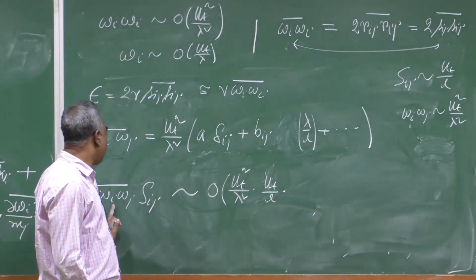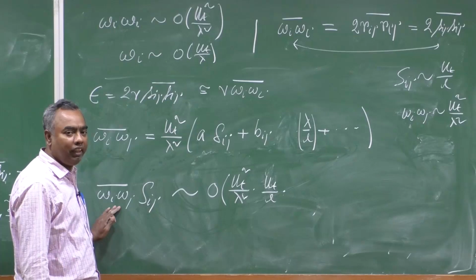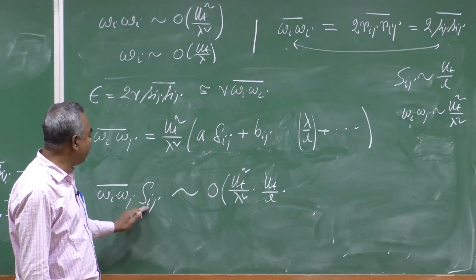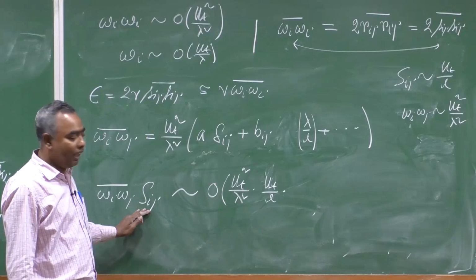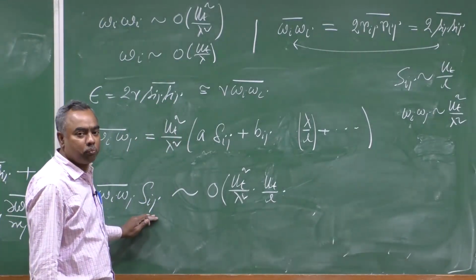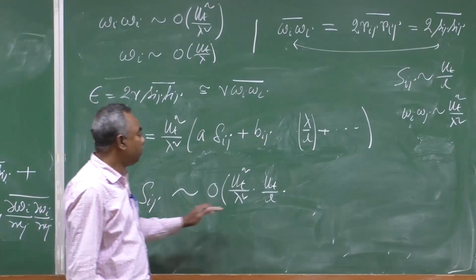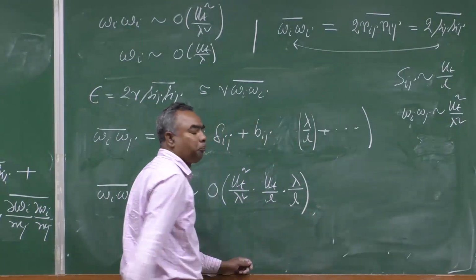since the eddy which is contributing to this and the eddy contributing to that have different time scales. So, their contribution or their product should be proportionate to the ratio of their time scales, which is nothing but this.